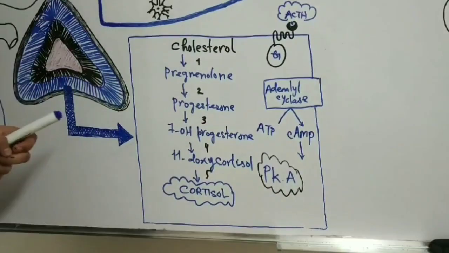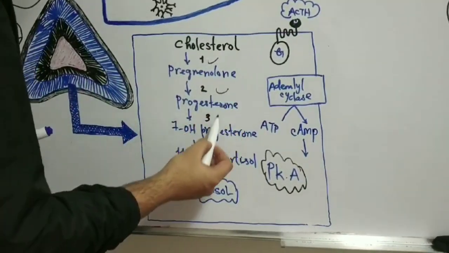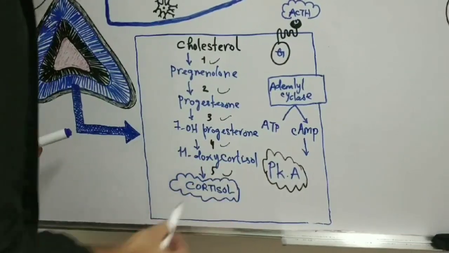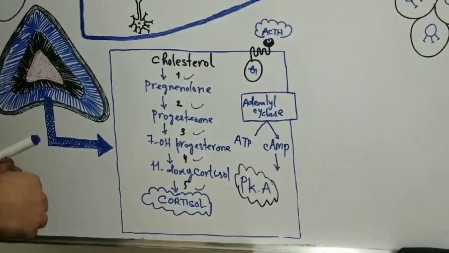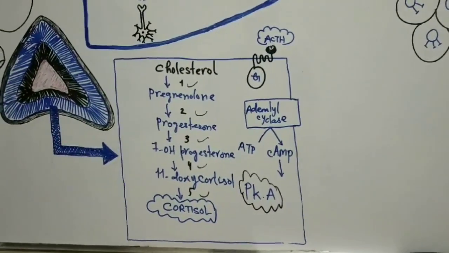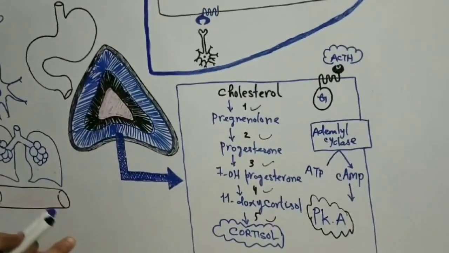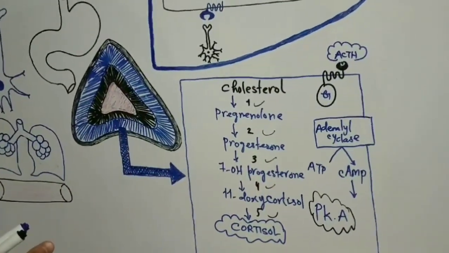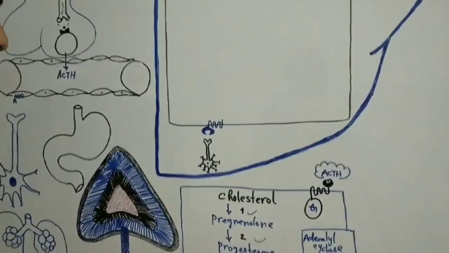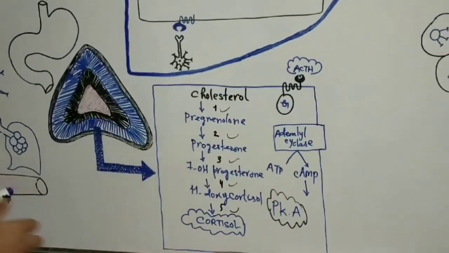This protein kinase A activates the first enzyme, then second, then third, then fourth, then fifth. Eventually, there is the formation of cortisol. Now, before I talk about the effects of cortisol, I want to mention some points on why cortisol is being synthesized and why it is being secreted.